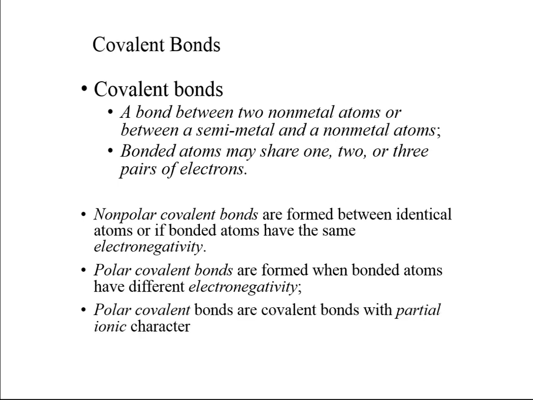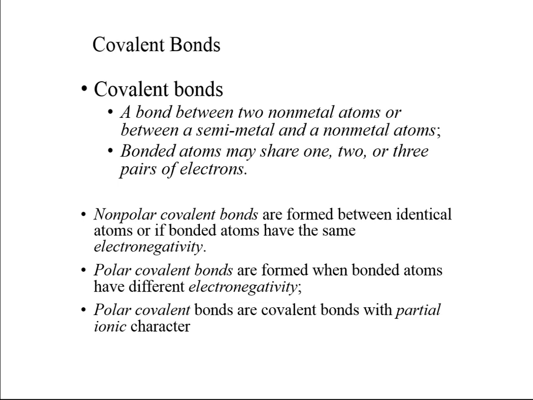So in this case, if we have two atoms like hydrogen and chlorine, or hydrogen and fluorine, the fluorine has very high electronegativity. Hydrogen has low electronegativity.